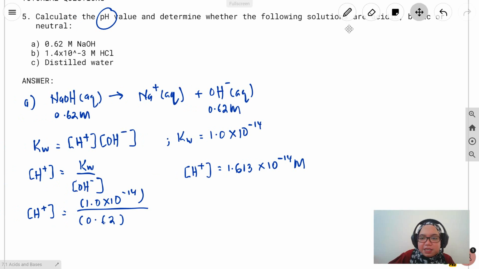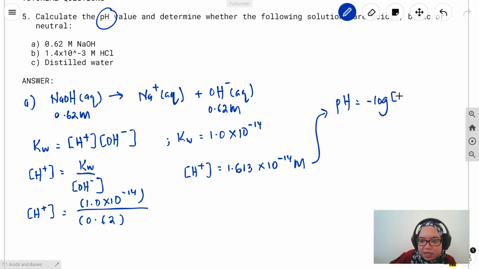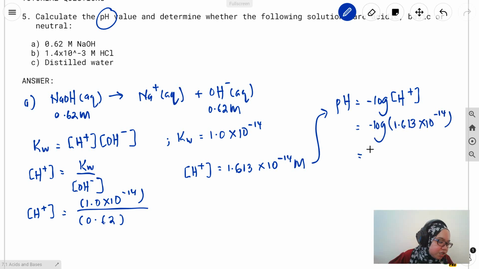So we know that pH is equals to negative log H plus. So, kita substitutekan lah value ni betul. So, negative log 1.613 times 10 to the power of negative 14. We will get the pH is 13.79.